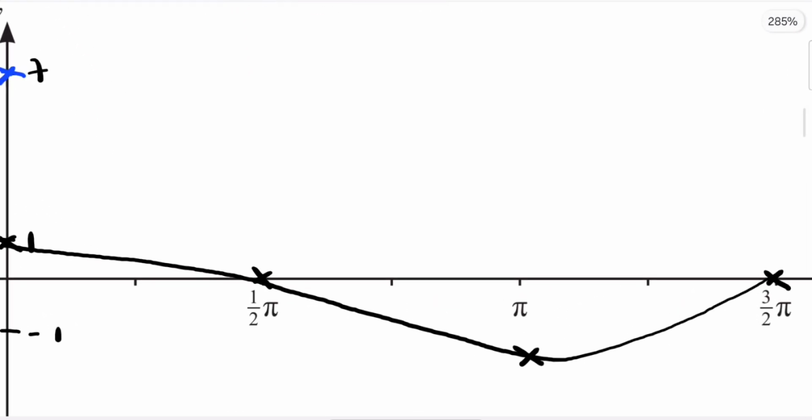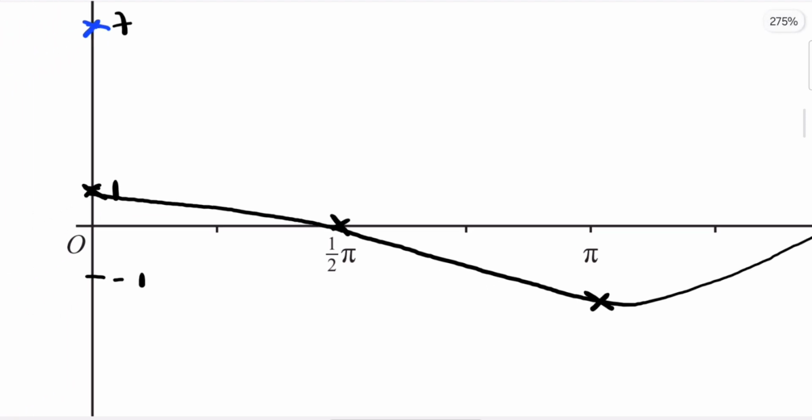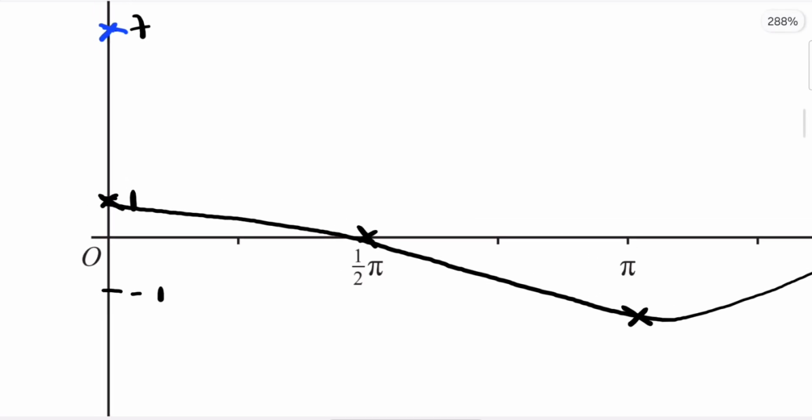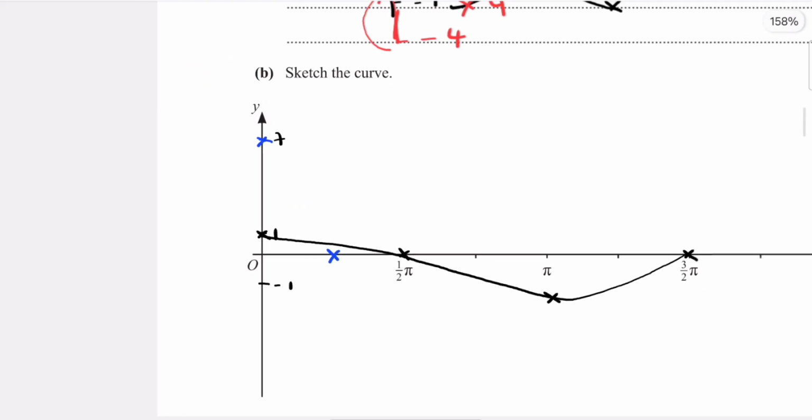So if we divide this by 2, we get this. So we know that the point that was at half pi will now be at a quarter pi. This point is now here, right?